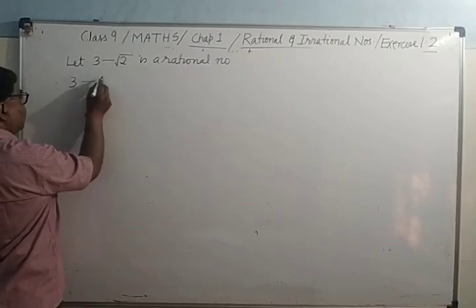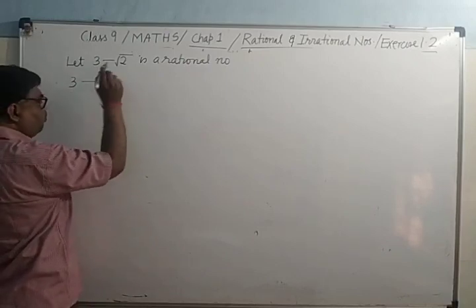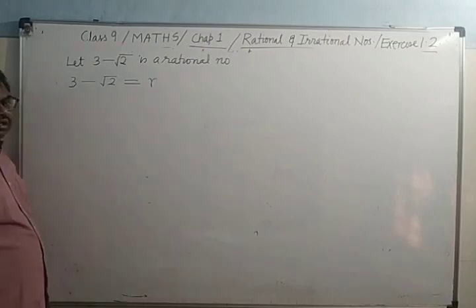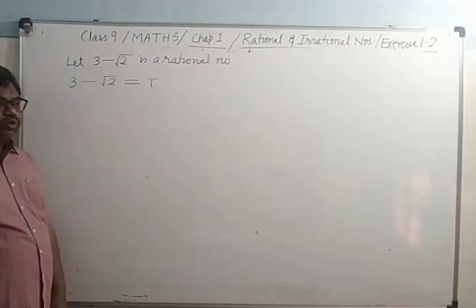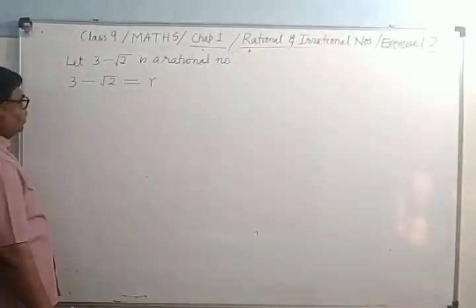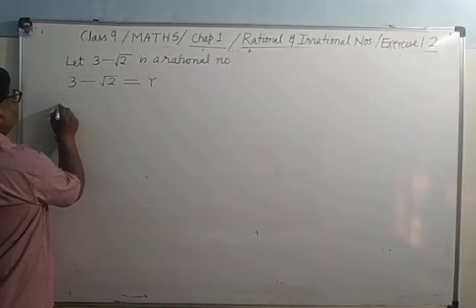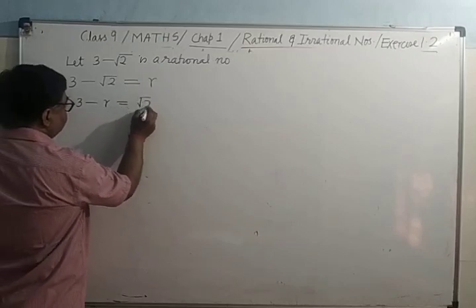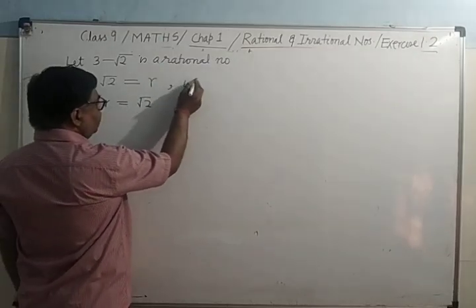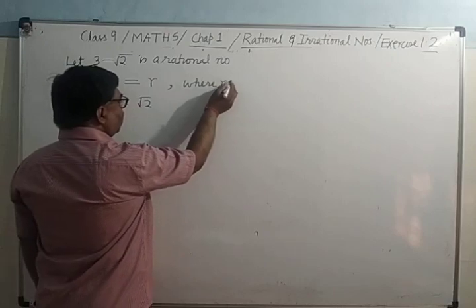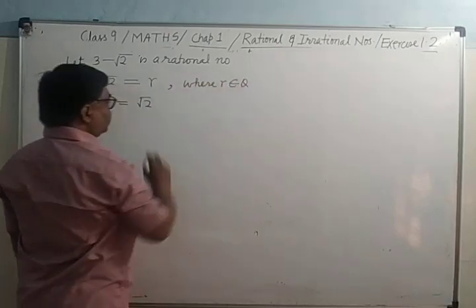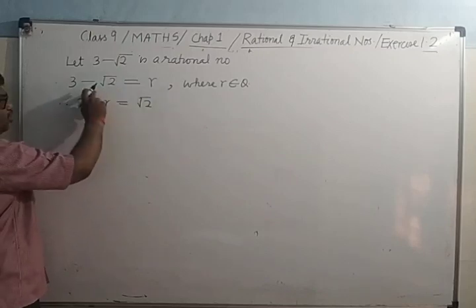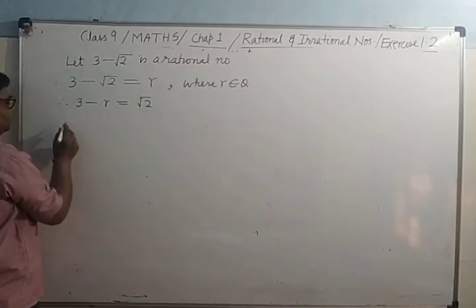But now we will not assume it equal to P upon Q. We have assumed it equal to r. It's clear? It is a rational number. Therefore, 3 minus r equals root 2, where r belongs to Q, that is, small r is a rational number. Now r you bring on this side, root 2 on that side.